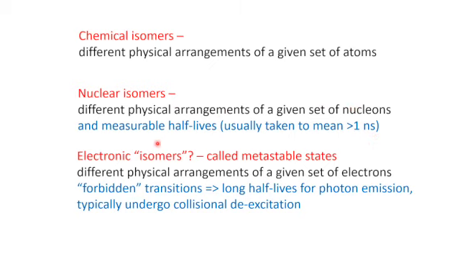And then just to connect with atoms, in the same way the quantization of states and their angular momenta is important for nuclear isomers, they're also important for electronic metastable states. They don't use the term isomer, but for high angular momentum transitions in atomic excitations, there are also some very long half-lives.